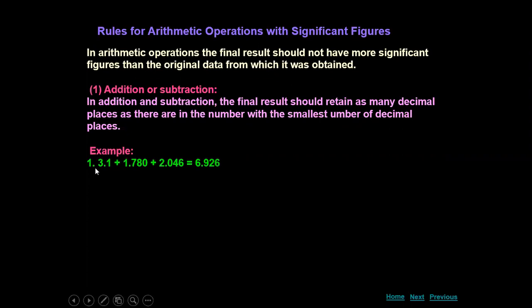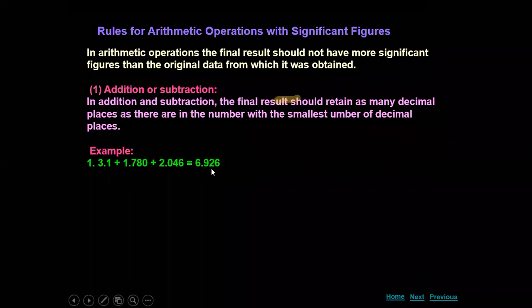See, first one: 3.1 plus 1.780 plus 2.046. When we add these three, we get 6.926. How many digits do we have to keep after the decimal?